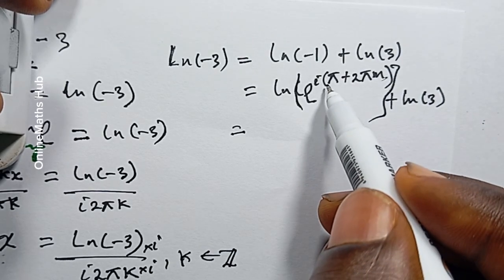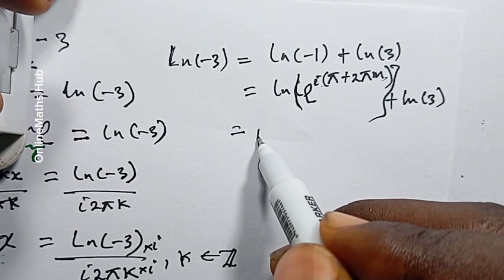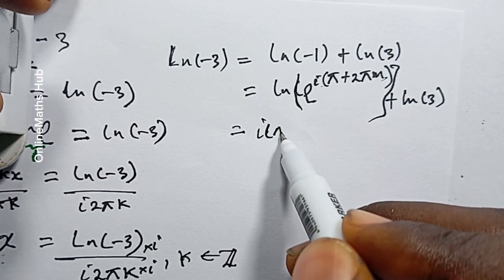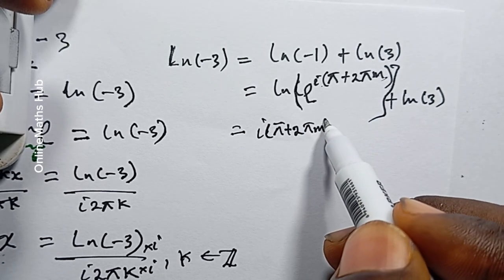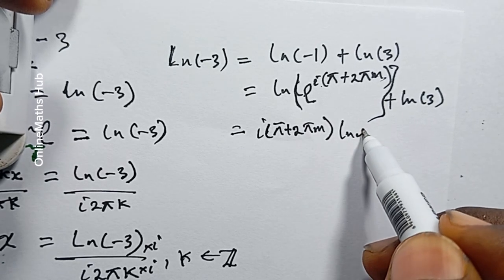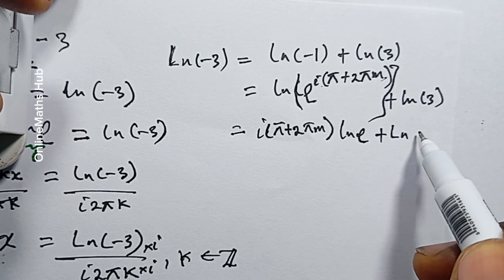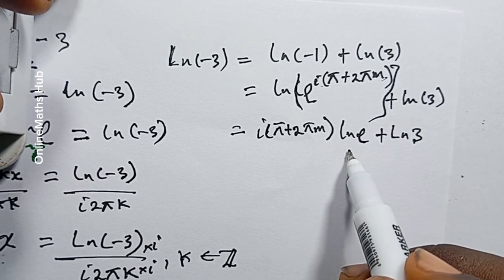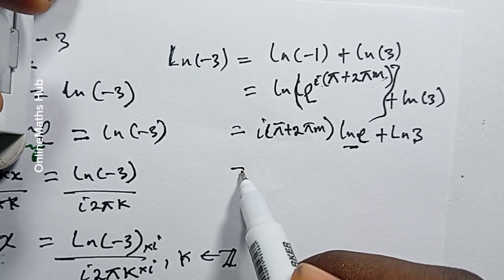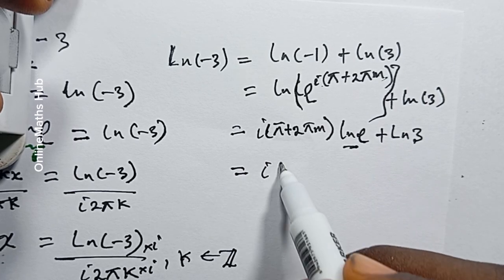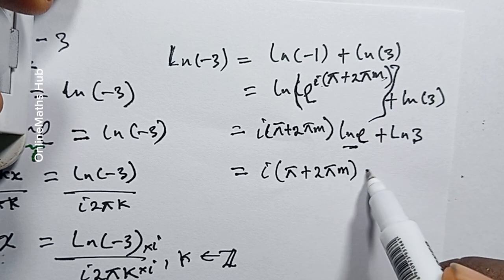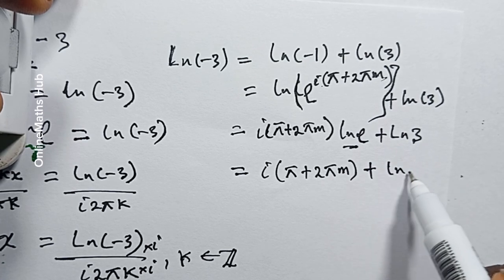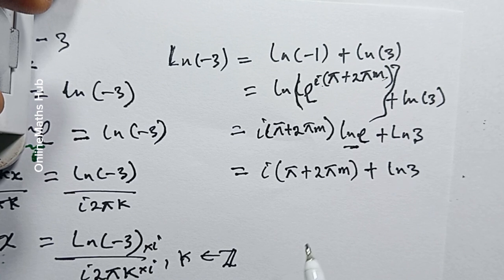If I bring down these powers, I'm going to be having i into pi plus 2 pi m, and then natural log of e plus natural log of 3. And natural log of e is equal to 1. So I'm going to be having i into pi plus 2 pi m, then plus natural log of 3.